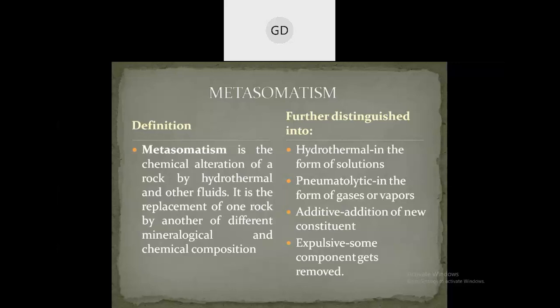There is a chemical replacement of the pre-existing minerals under the influence of chemically active fluids. So here the new minerals are being formed by the replacement of some chemicals of the pre-existing minerals, and also under the influence of chemically active fluids. The metasomatic replacement of minerals takes place either at the atomic level or in the solid state.